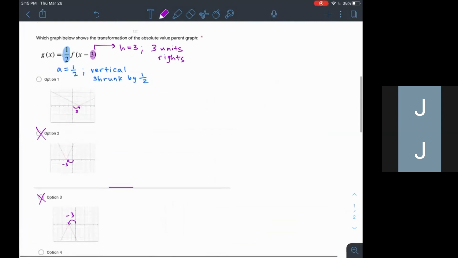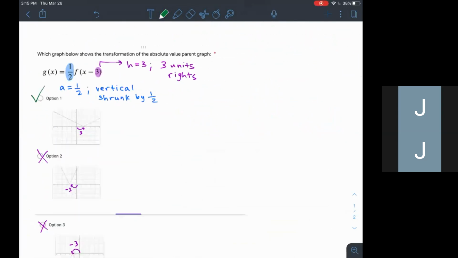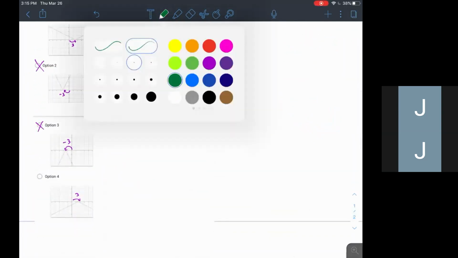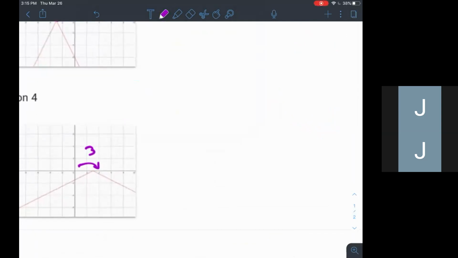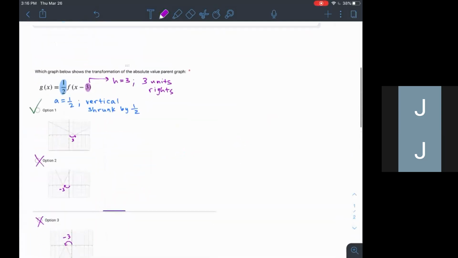So the reason why it has to be option 1 is because our a value is still positive, which means it's going to be opening up. Whereas in option 4, although still shrunk, and notice it's kind of smushed there vertically, it's opening downwards, which would have to be an a value of -1/2. AKA option number 1 is the correct answer.